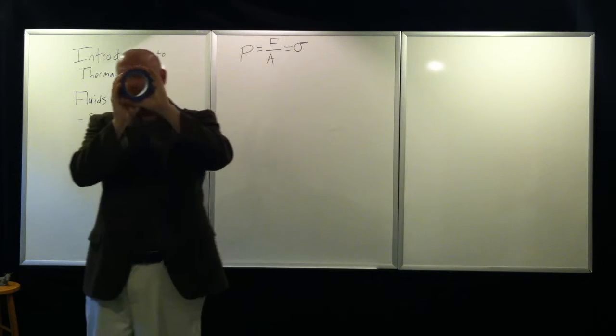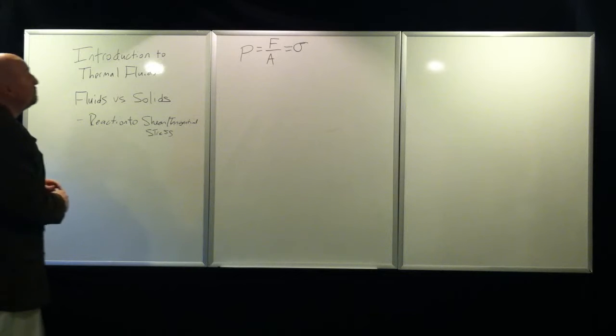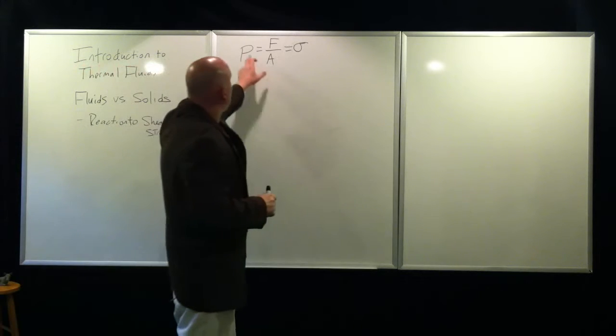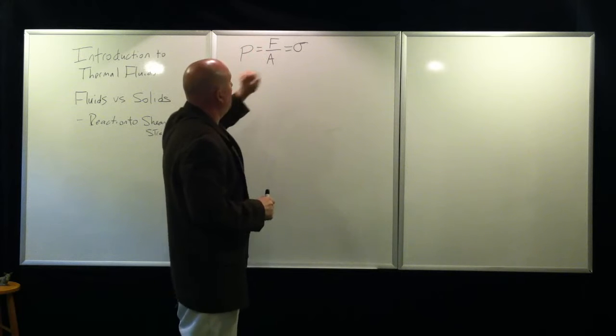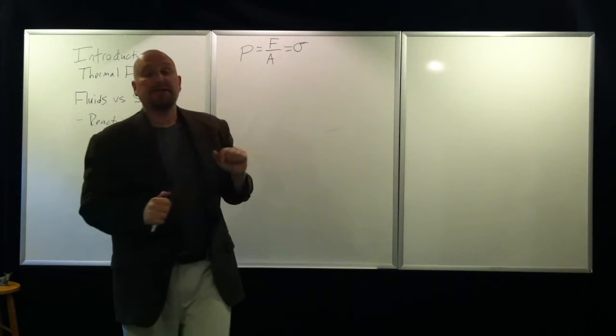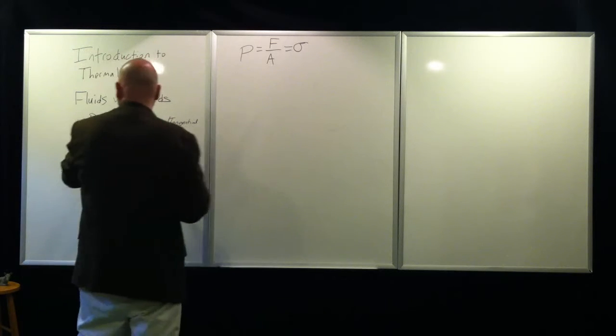And the solid has static deformation. So we've discussed what pressure is, a force in newtons over an area. We're going to also have the same units as sigma, which is going to be our perpendicular or normal stress.